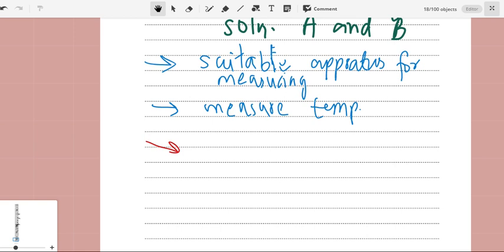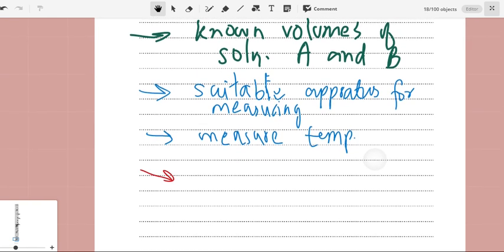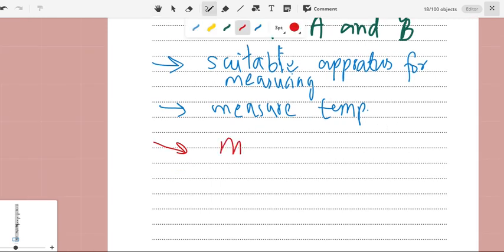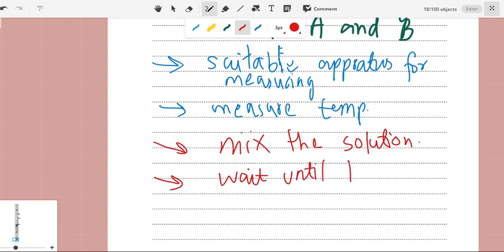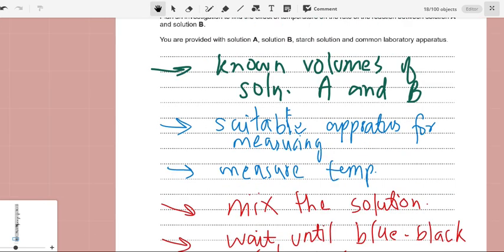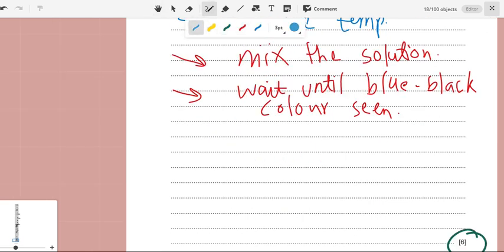And here the next is, you have to mix the solutions together with starch solution. And the next point you have to write is that you have to wait until the blue-black color is seen. I think these are the 5 points, and I'm going to write more.